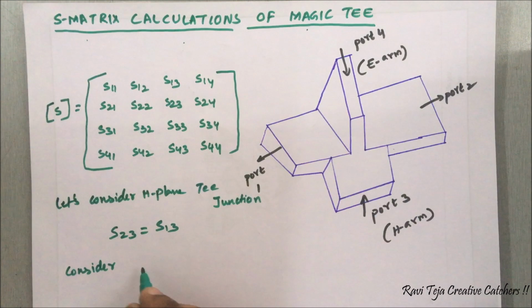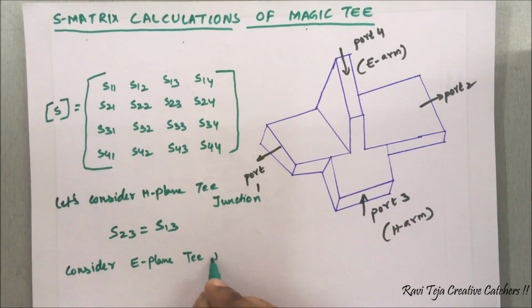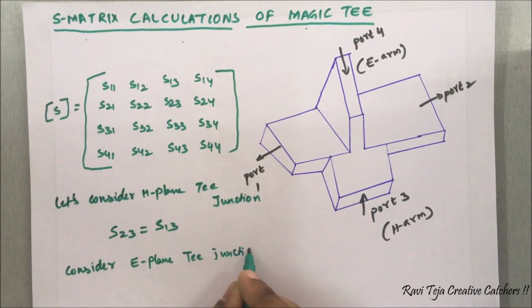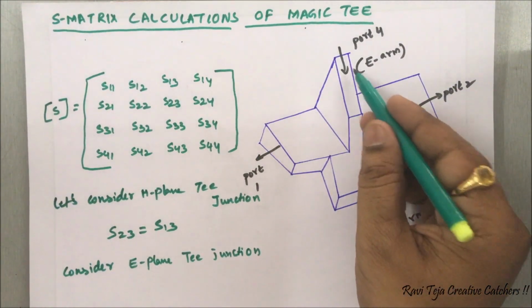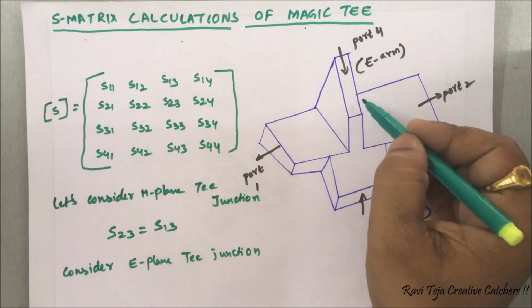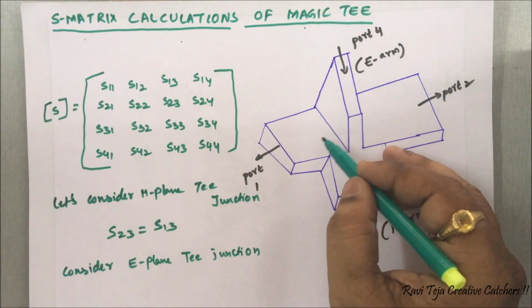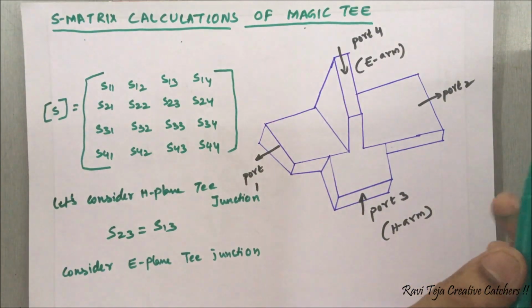Now consider the E plane T junction. So this is an E arm, E plane T junction. Whenever the signal is propagated through E arm, it will be coming out from port 1 as well as port 2 with respect to 180 degrees of phase shift.